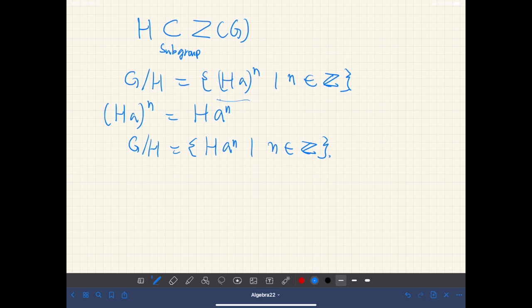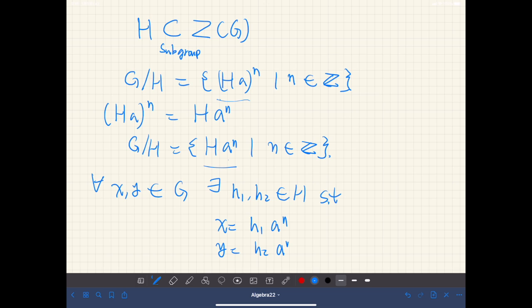Okay, so each element of G over H is a coset of this form. So that means every element, let's say x and y, any element of G can be expressed as a product between an element of H and a power of A. So x is h1 times a to the power of n, and y is h2 times a to the power of m, where n and m are integers.